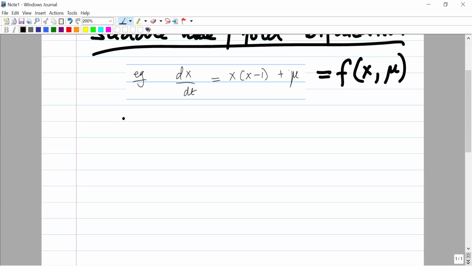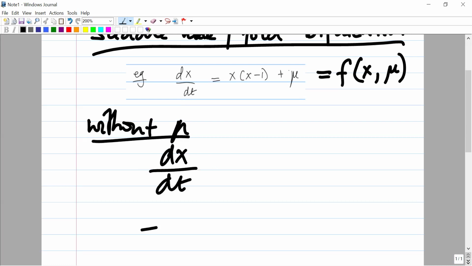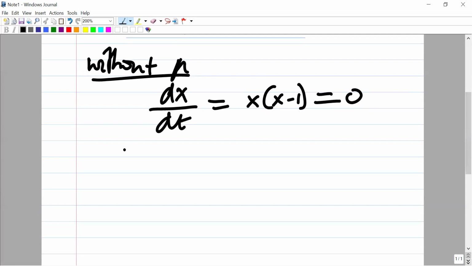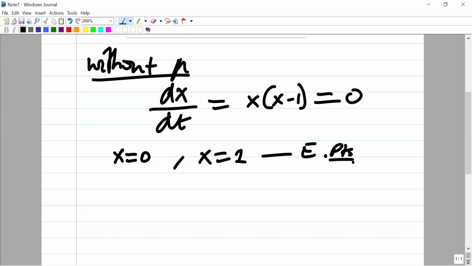So you will then find that without mu, the system behaves like dx/dt is equal to x times (x minus 1). And then to find the equilibrium points, we find that x is equal to 0, x is equal to 1 at the equilibrium points. Right?